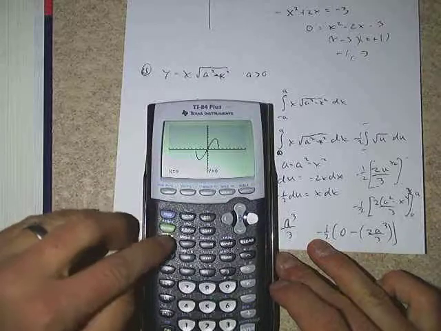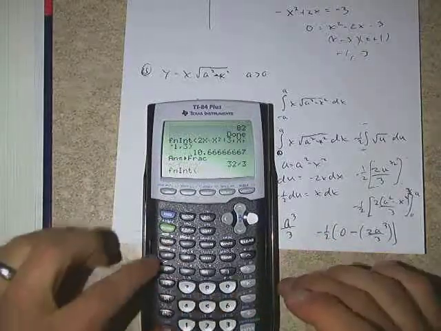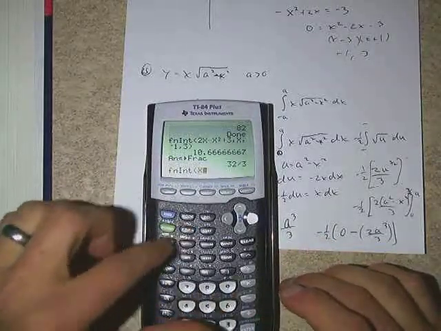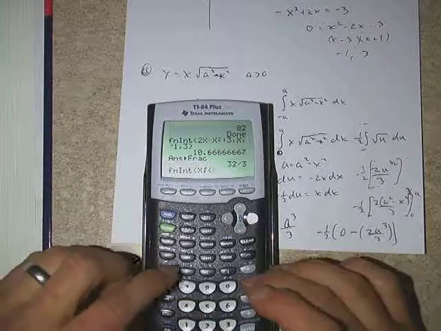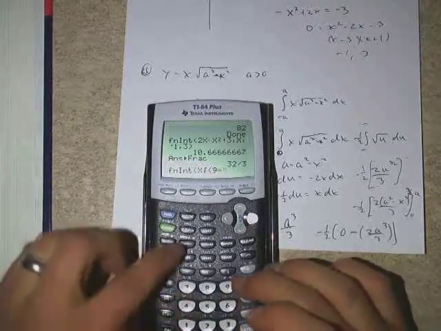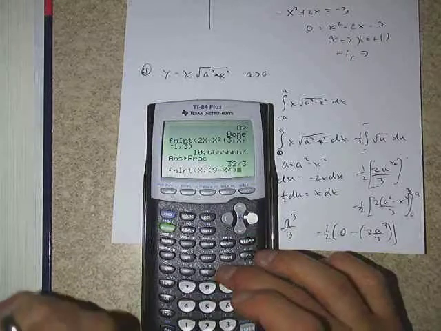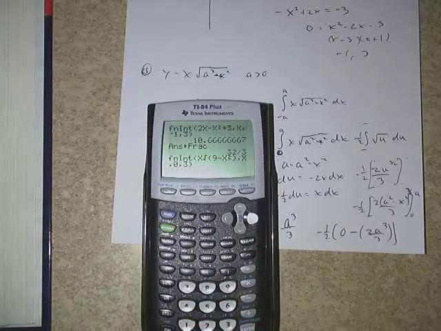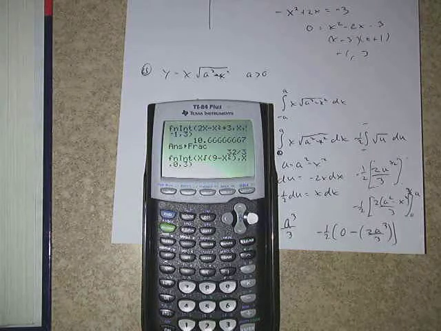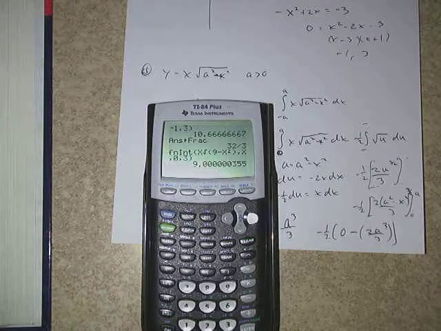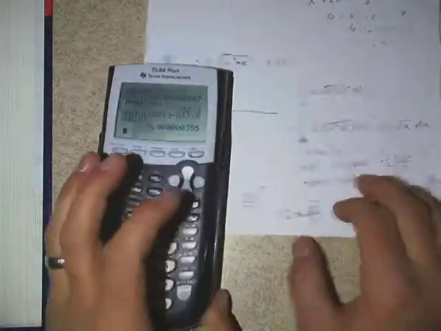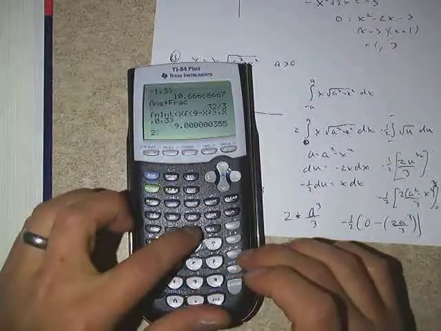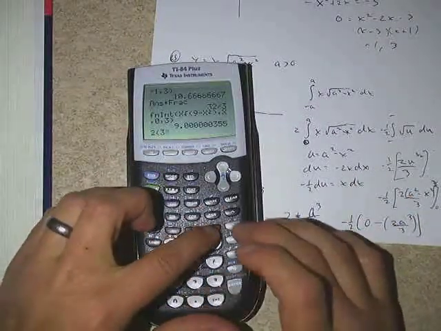Now, just for argument's sake, keep in mind that that's our answer, 2a cubed over 3. Let's see if that makes sense with the example that we have right here. So if we were to do our integral of x times the square root of 9 minus x squared, we would get approximately 9.